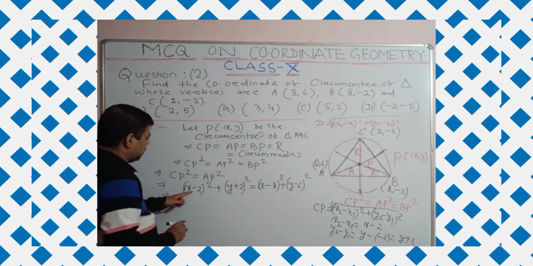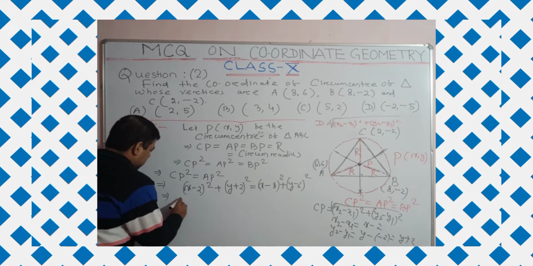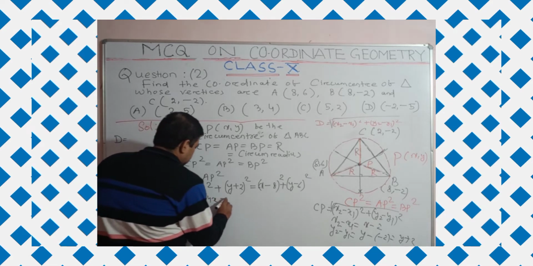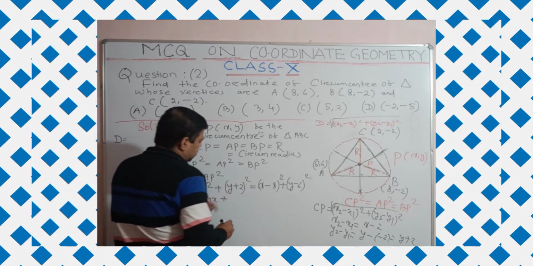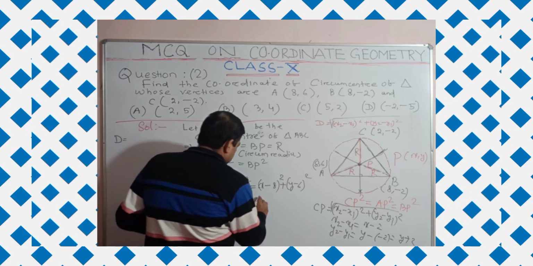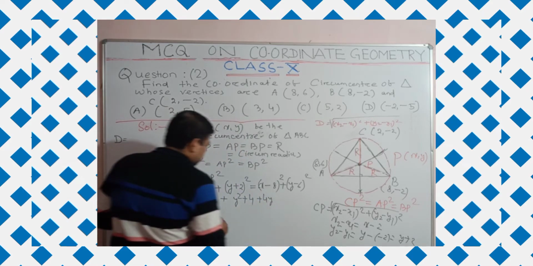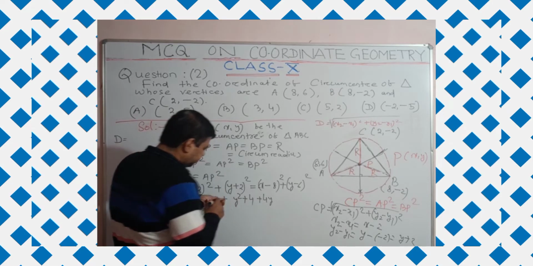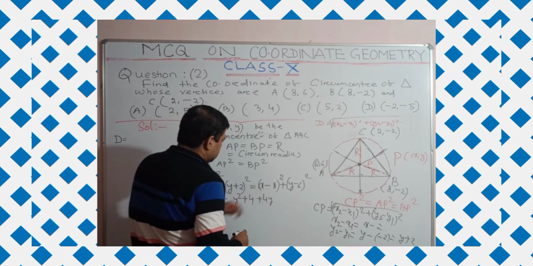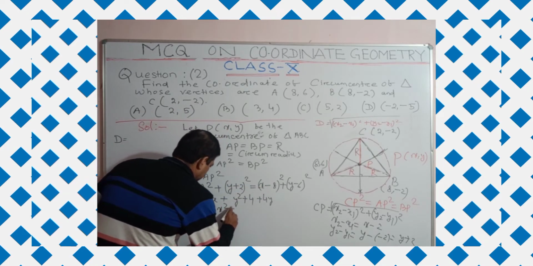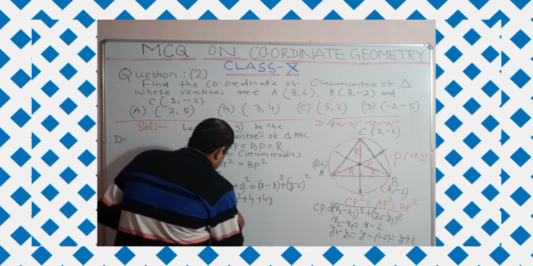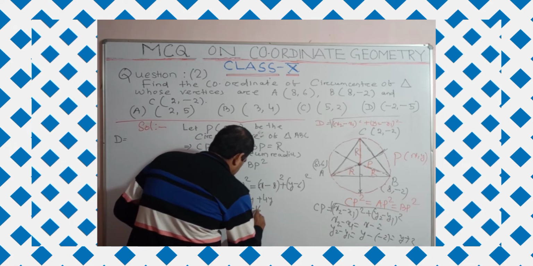You see, x minus 2 whole square will be x square plus 4 minus 4x, using the a minus b whole square formula. And y plus 2 whole square is y square plus 4 plus 4y, on expanding the a plus b whole square formula, is equal to, similarly, x minus 8 whole square, x square plus 64 minus 16x.